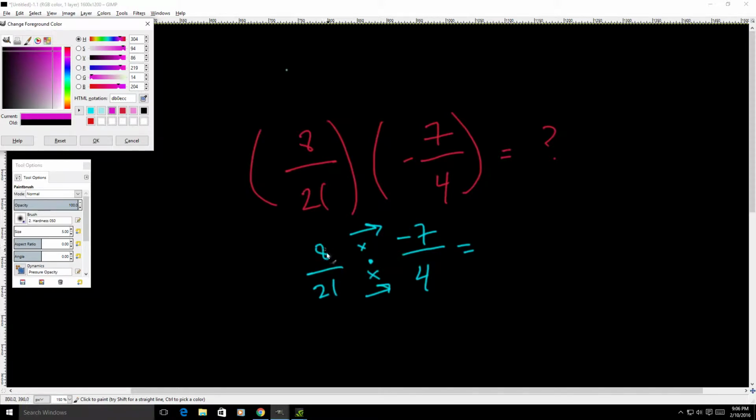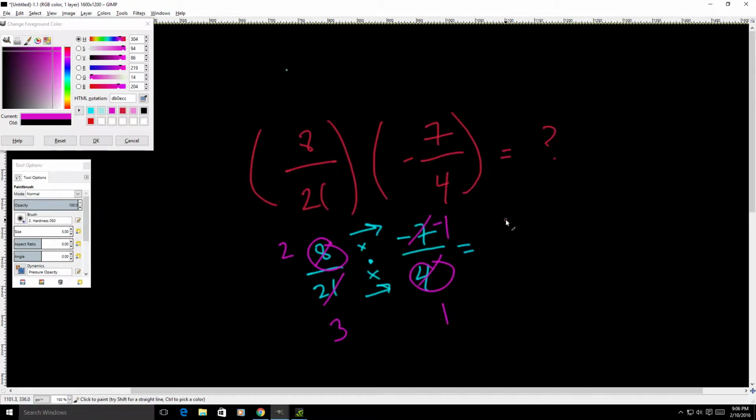Anyways, I noticed that this 8 and this 4 have a common factor of 4. So I can reduce that by taking out a factor of 4 in each one. 8 divided by 4 is 2, 4 divided by 4 is 1. And then the 7 and 21 share a factor of 7, so we can reduce that by dividing each one by 7, and you get -1 and 3.